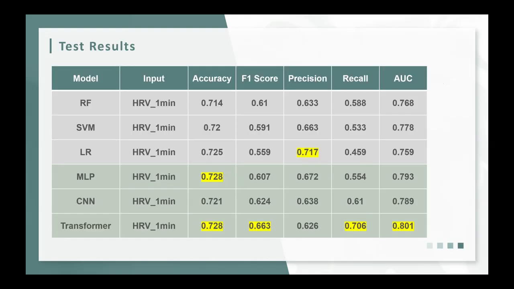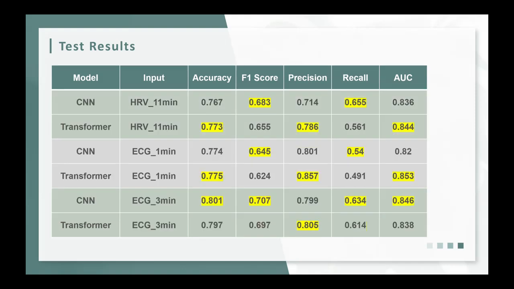In this slide, we compare the performance of different models using 1-minute HRV features. The first 3 rows show traditional machine learning methods, and the next 3 rows show MLP, CNN, and transformer. These 6 models' performances are very close, which suggests that with short HRV windows, the transformer offers no clear advantage over simple models.